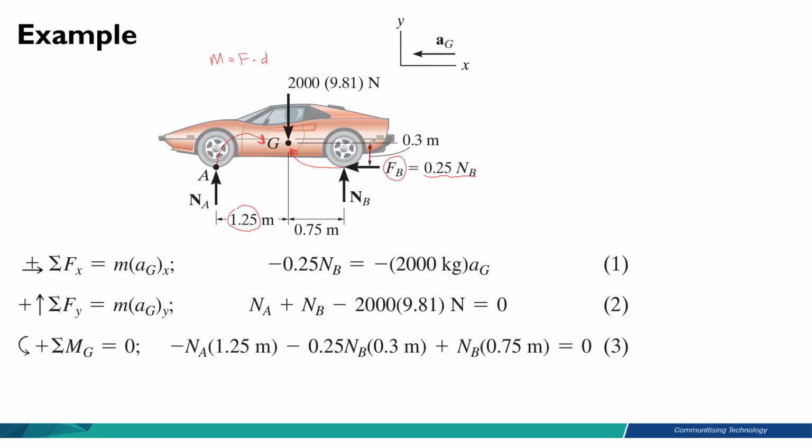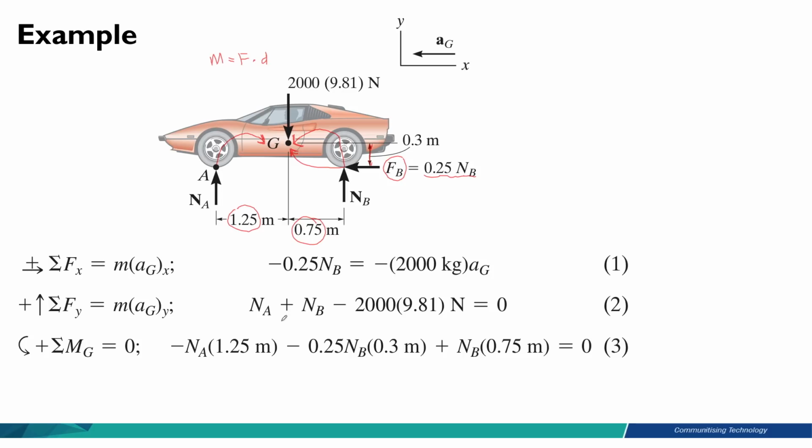This is the distance, 0.3. So multiply with 0.3. And finally we have Nb, that is now to go to point G is rotating counterclockwise. Therefore the moment of Nb is positive. So plus Nb times 0.75, which is this distance from Nb to point G. And everything is equal to 0 because there is no rotation of the rigid body.